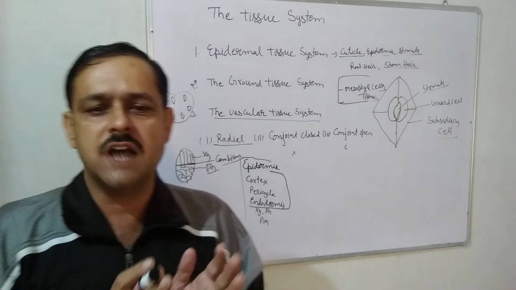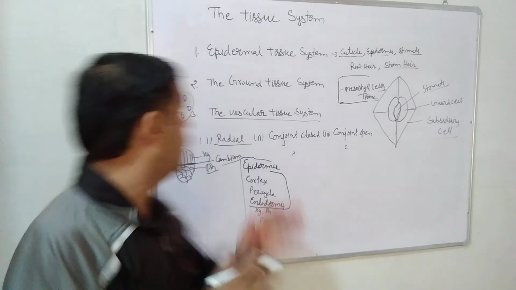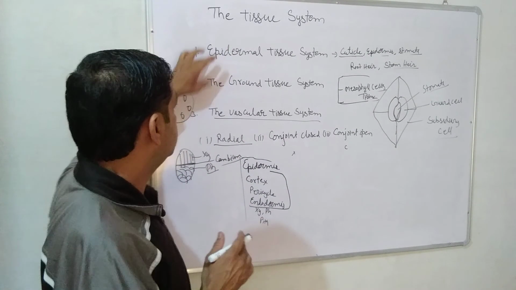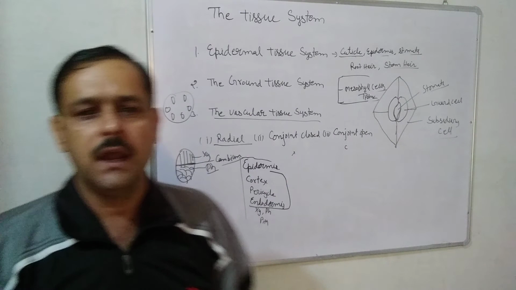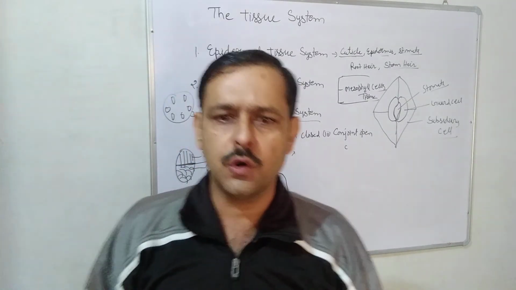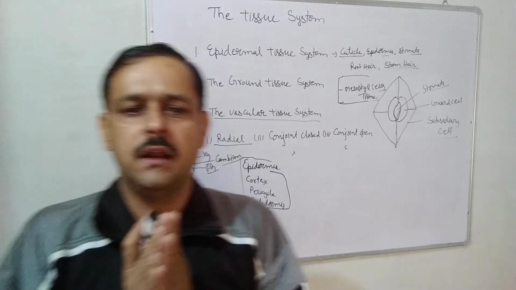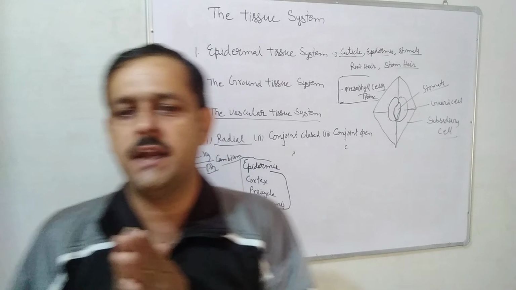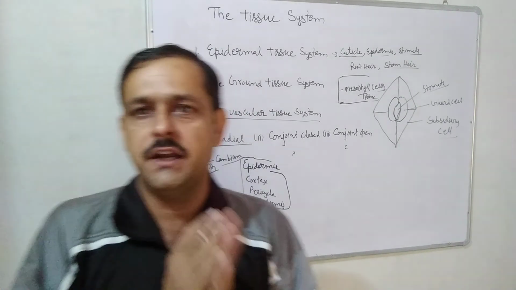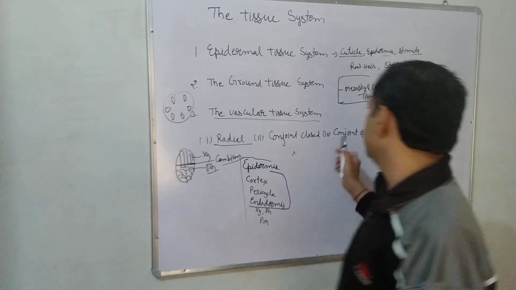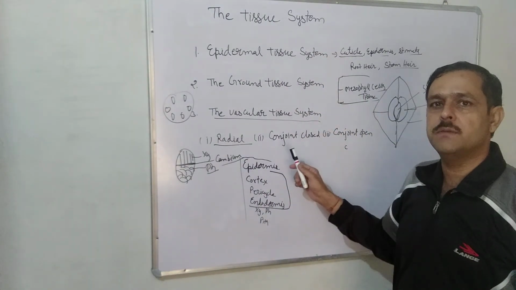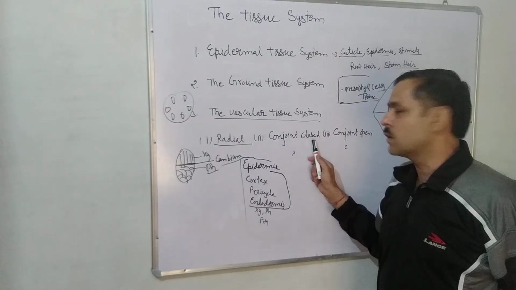So these are the three types of tissue system: epidermal tissue system, ground tissue system, and vascular tissue system. Conjoint means the xylem and phloem in the vascular bundle are situated on the same radius. Whenever cambium is present, it is called open, and whenever cambium is absent, it is called closed.